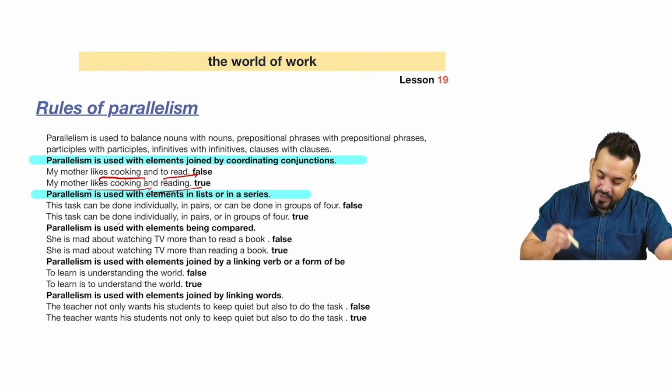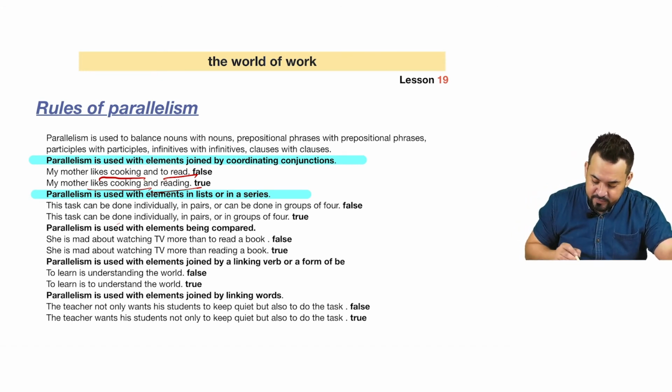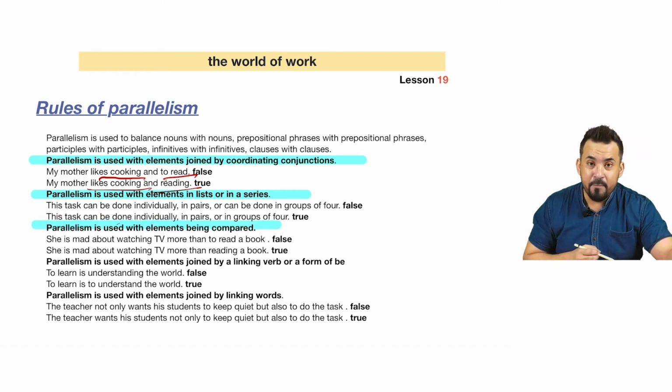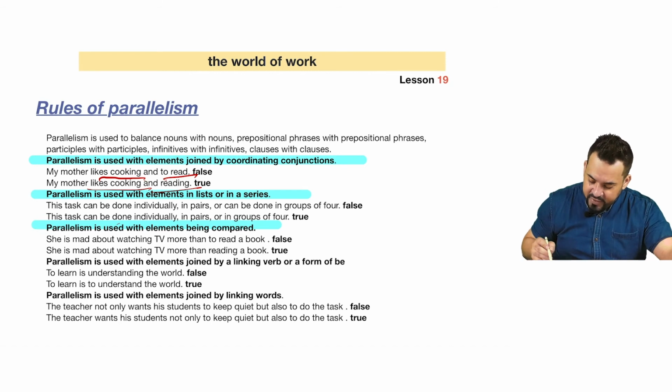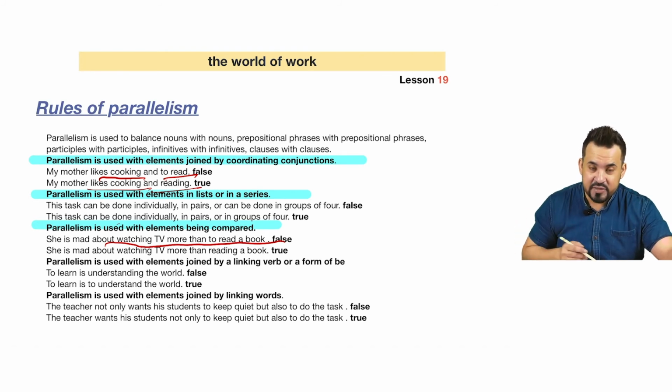Let's take a look at the next rule of parallelism. Parallelism is used with elements being compared. So if we have comparison going on, we use parallelism. Let's take a look. She is mad about watching TV more than to read. Okay, now this is obviously incorrect.